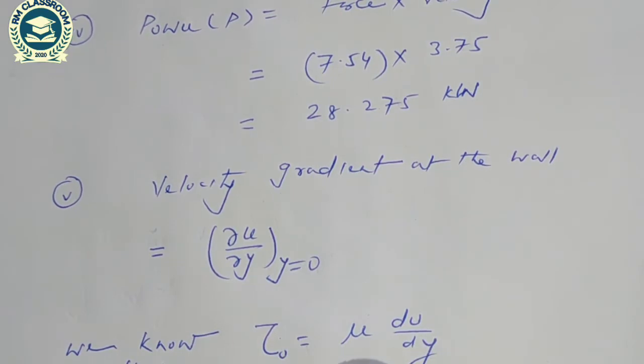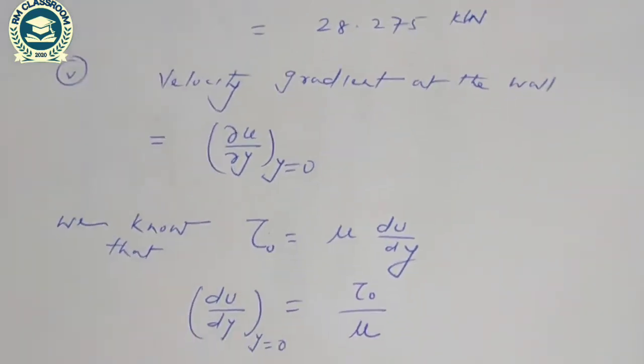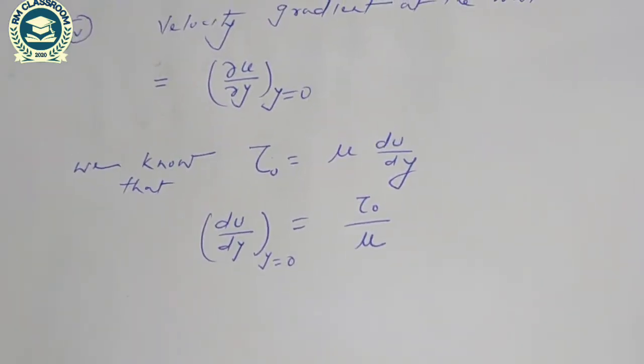So du by dy is equal to tau naught by mu. So this is required. So velocity gradient can be written as tau naught by mu.